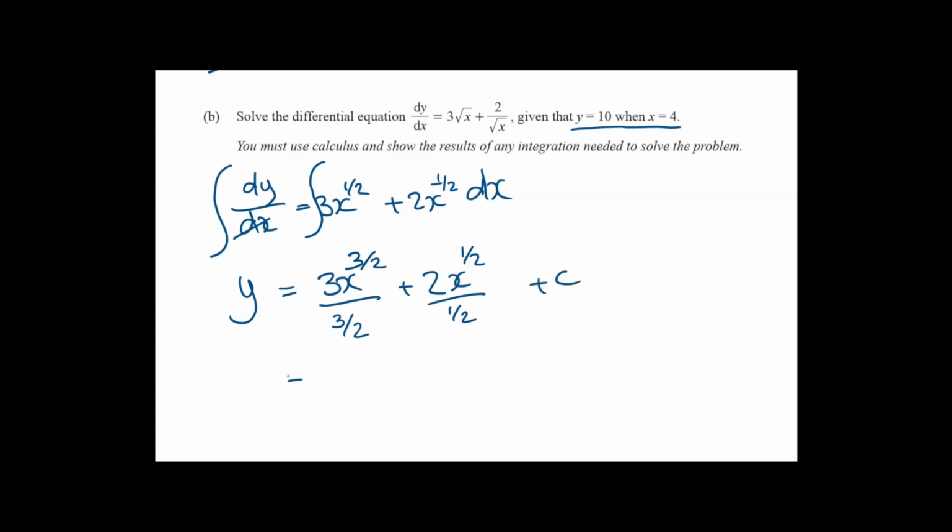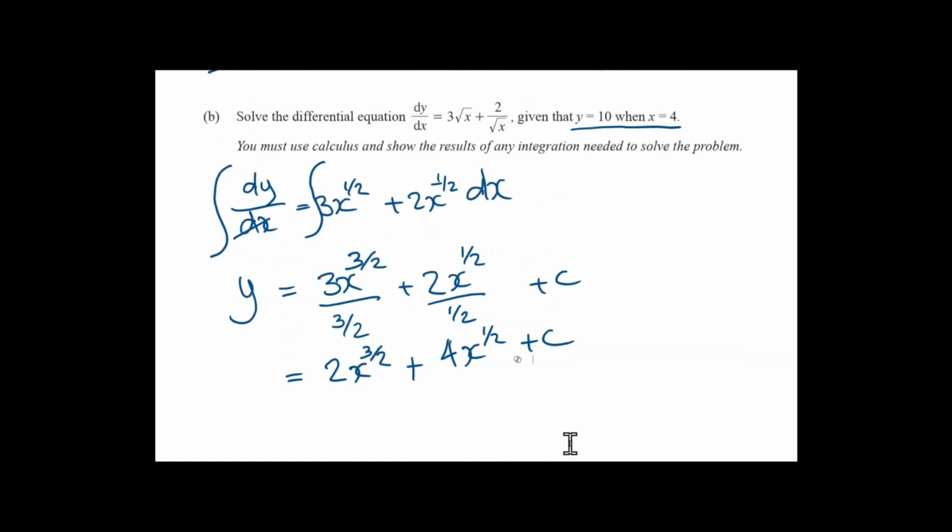Let's clean this up a little bit. 3 divided by 3 over 2 is 2, x to the 3 over 2, plus 4, since 2 divided by half is 4, x to the power of half plus c.